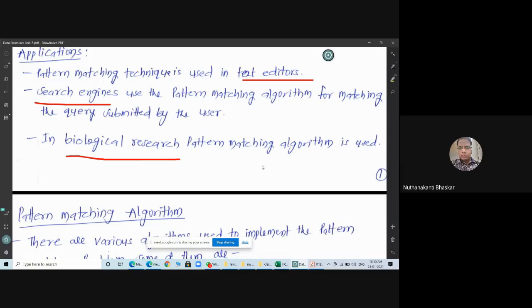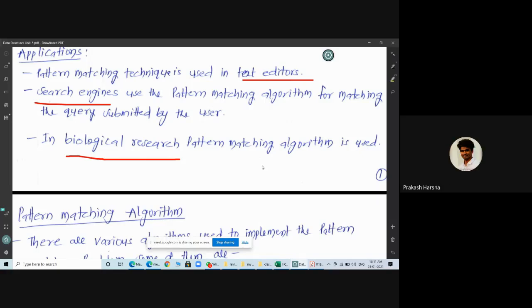So that is a pattern. If the shape of the leg is misplaced, then the pattern is missing. Based on this missing pattern, they will identify that the particular pattern is not there. That's why medical research is also going on by this pattern matching only. Understand? Like that, so many areas we can use. All image processing techniques are based on pattern matching only. Understand?